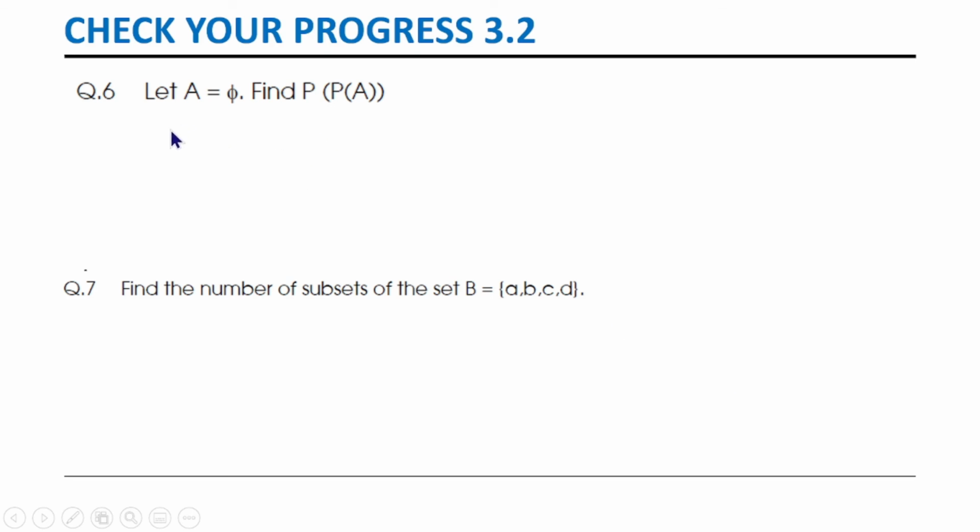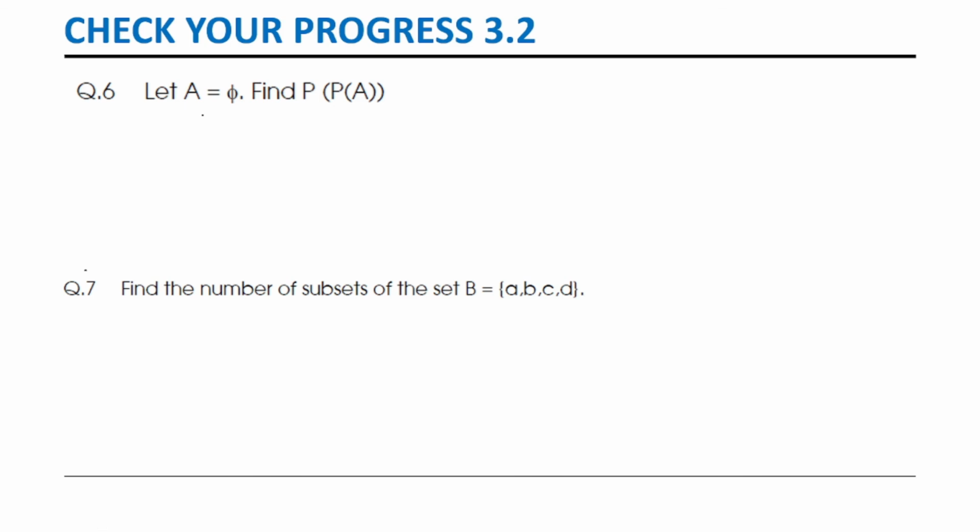Next one, let A is equal to {5}. Find P of P of A. So if A is equal to {5}, first we have to find the power set of A, and then we have to find the power set of that set.